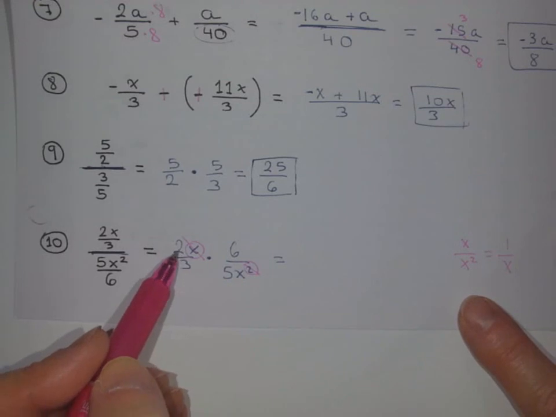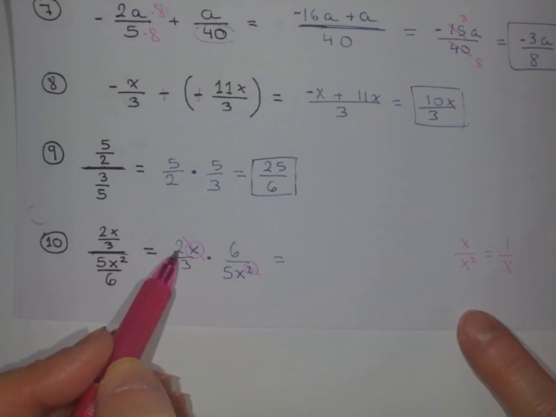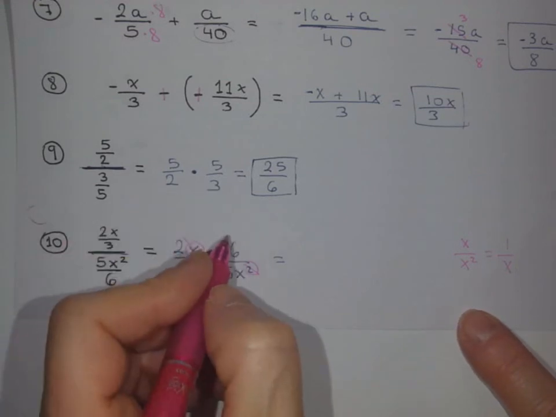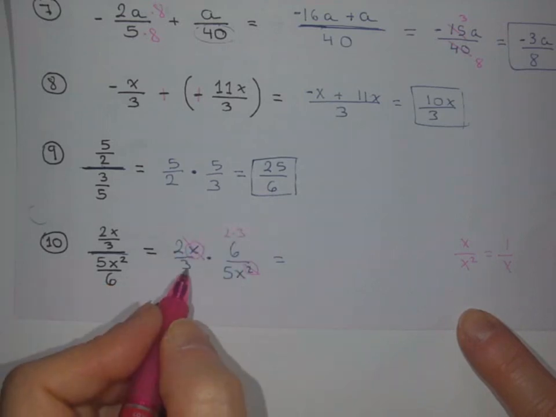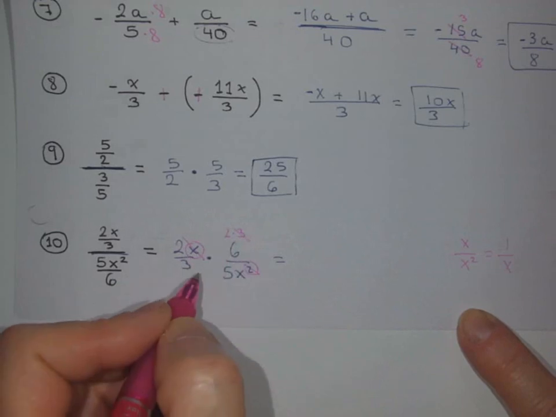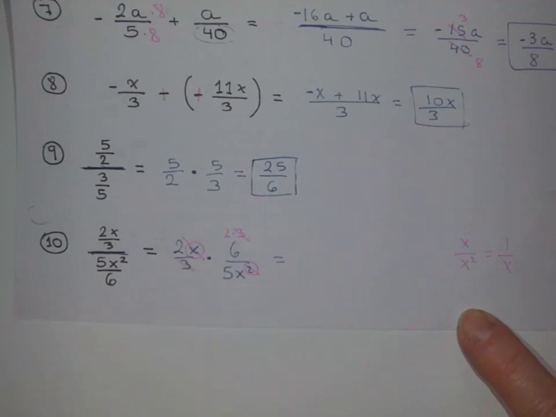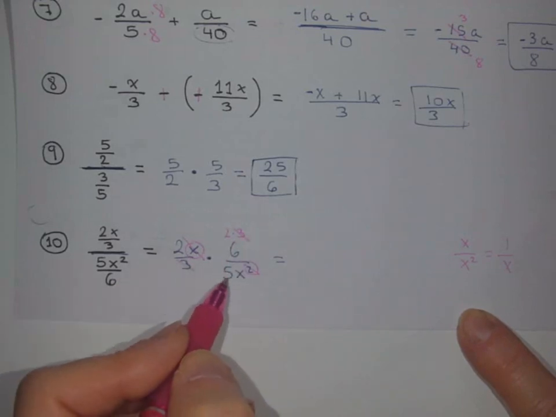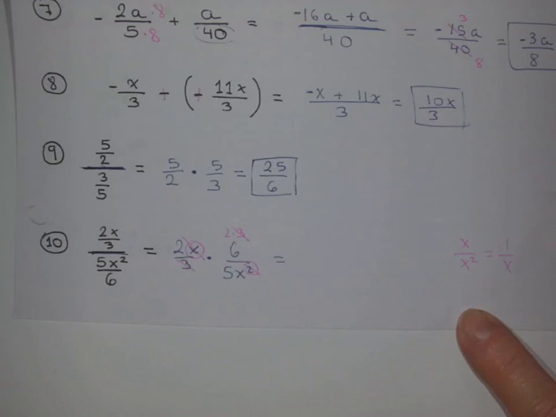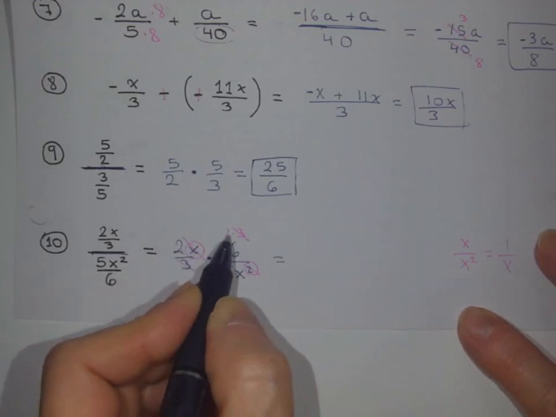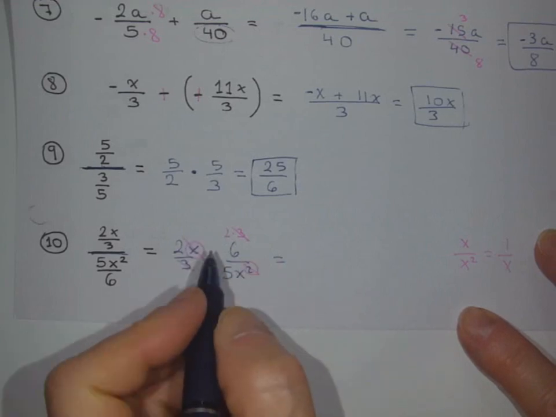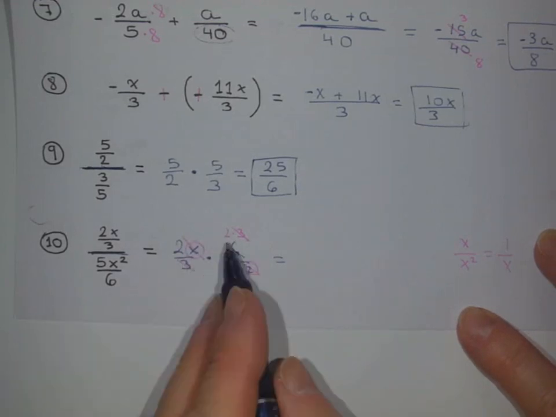2 is a prime number, so I can't do anything with that. But 6 is the same thing as 2 times 3, and down here I have a 3. So 3 divided by 3 is 1, so those are gone. And then 5 is a prime number, so nothing I can do with that. Okay, so multiply through. What do we have? 2 times 2, this 6 is gone, because we rewrote it as 2 times 3.